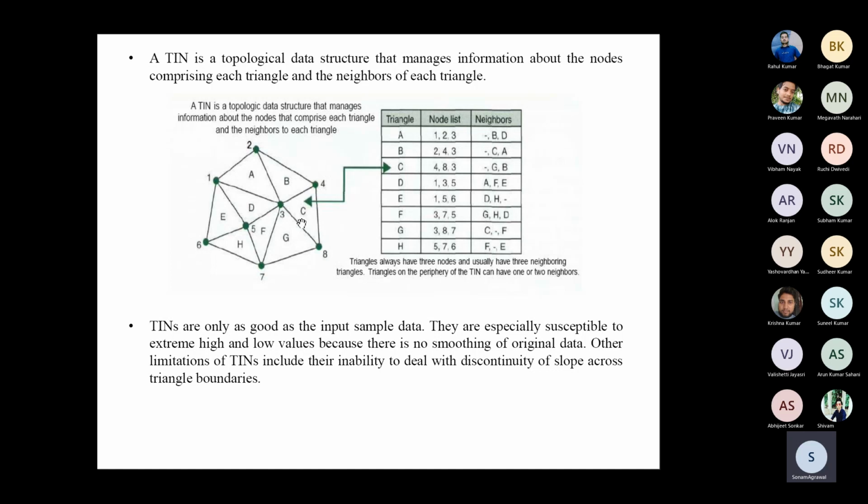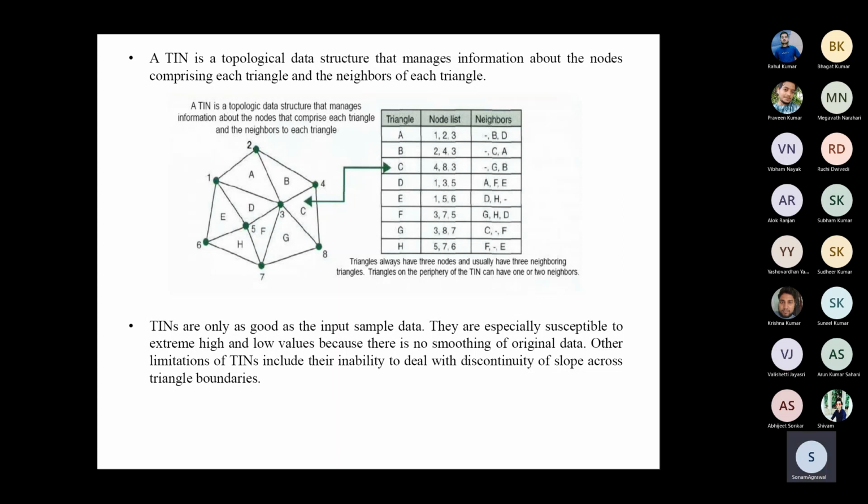Between 4 and 3, there is C. Between 3 and 2, it is A. So neighbors should be written according to the node list, not randomly. First the first and second, then the second and third, and then the third and first. This will be the order of neighbors listed over there.